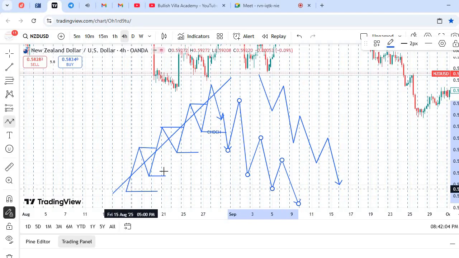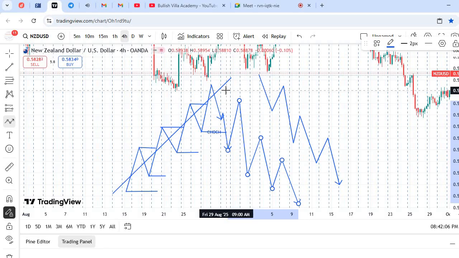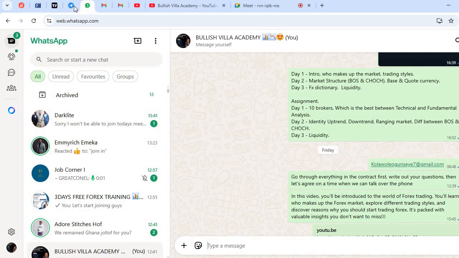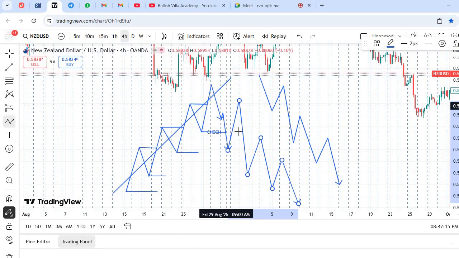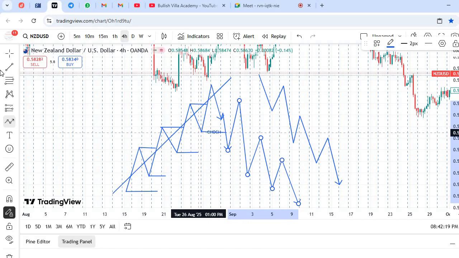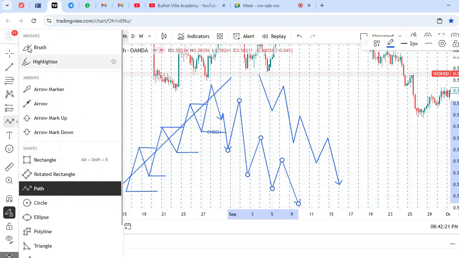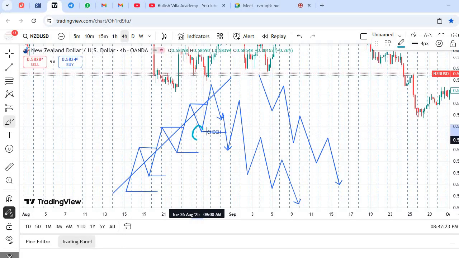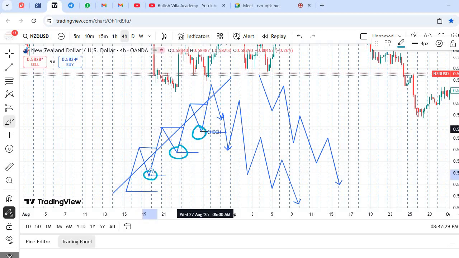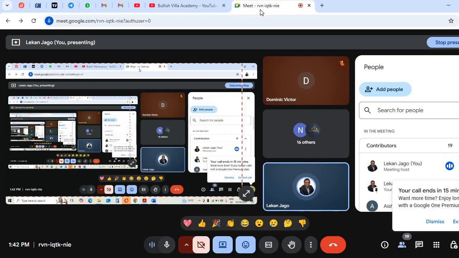That means from an uptrend to a downtrend. So this is now a change of character. Don't forget, this was the last low, and like I said, in an uptrend, the low must be protected. You understand? But now this last low has been taken out.